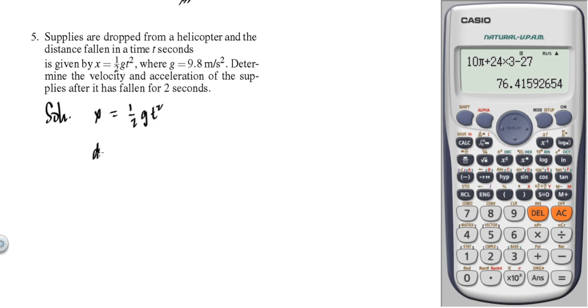So, we have dx over dt. This is the velocity, so we have gt. Differentiate this again. The second derivative of x with respect to time is the acceleration, so the answer here is g. What is the velocity and acceleration after it has fallen for 2 seconds?